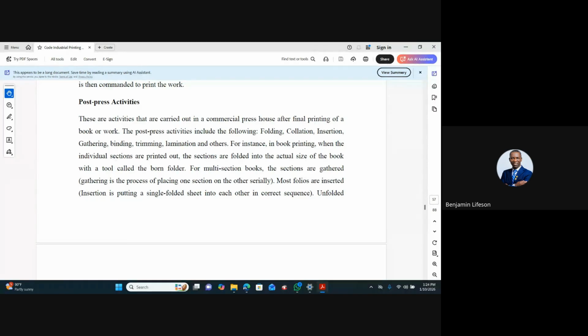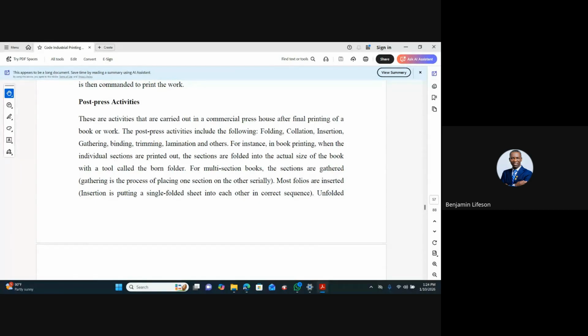So collating is individual sheets or pages in a specific order, in a chronological way, while gathering is assembling the folded sections. Another name for the section is signatures, into a book block.